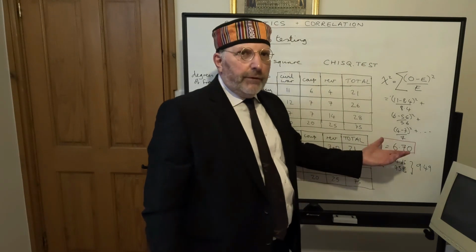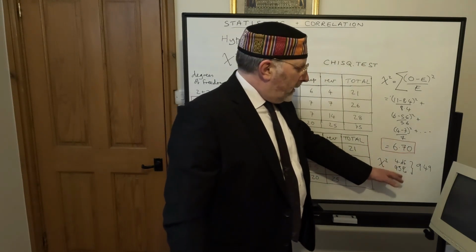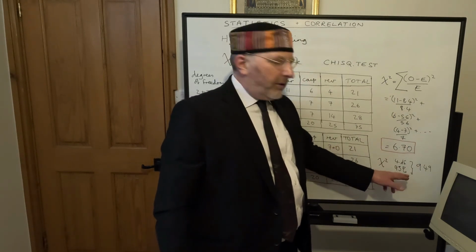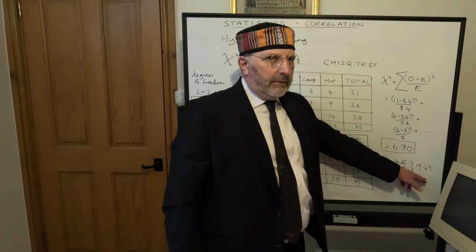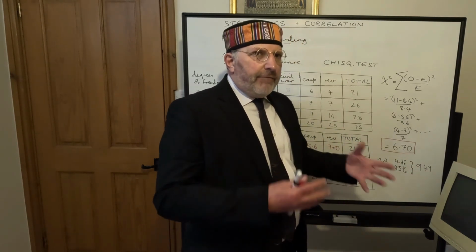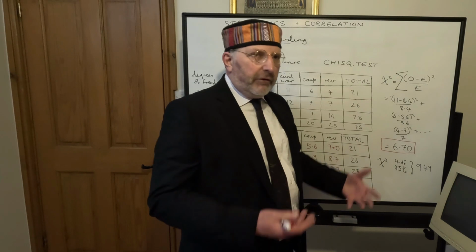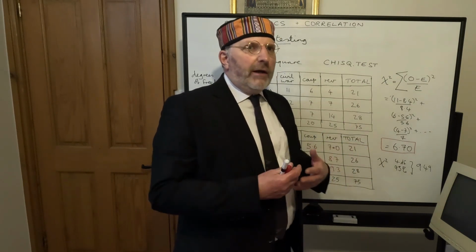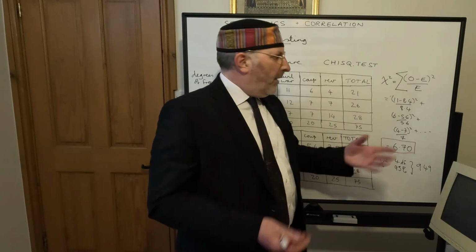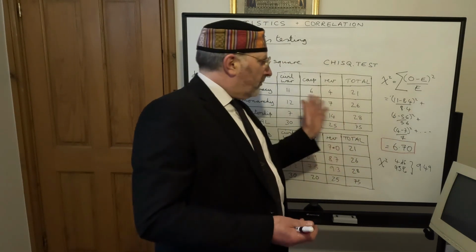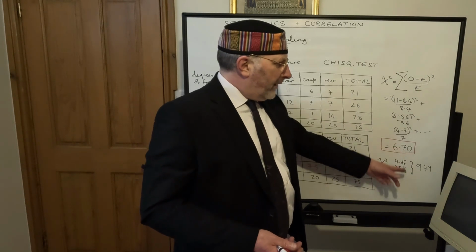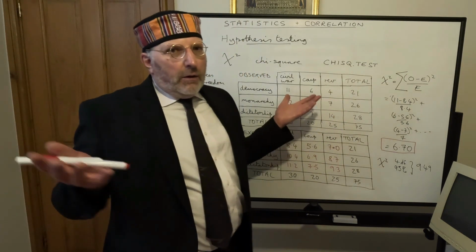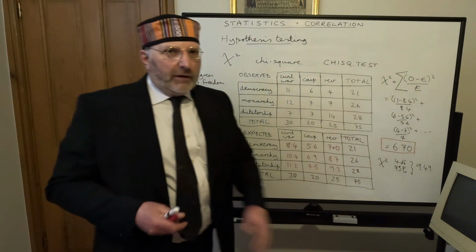If it were more than 9.49, we'd say there's only 5% of cases where it will be more than 9.49, and therefore it's statistically significant with a p-value of 5%, or at the 5% level. But in our case, we're not saying that because it's not bigger than 9.49, it's less than it. So it's within what could occur in 95% of cases.